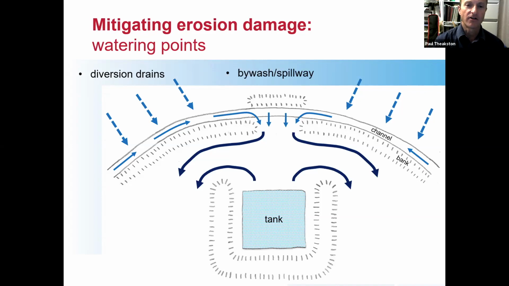So in that diagram there, I've got it spilling on both sides of the tank, and that way it spreads the water as well, rather than just spilling on one side. But again, that's location specific, but it's just trying to illustrate the point that you've got to have a designed spillway. Otherwise it causes erosion issues as well.